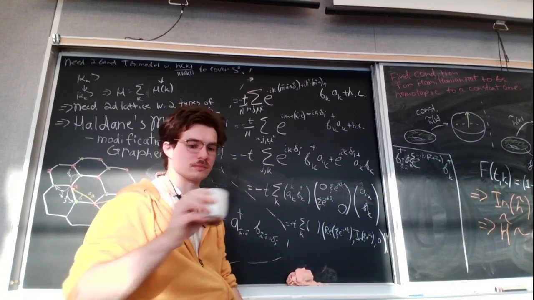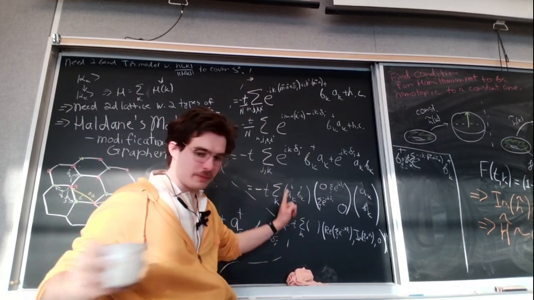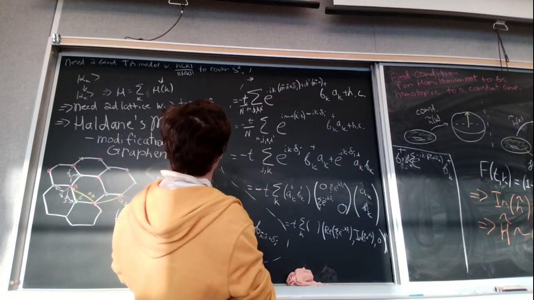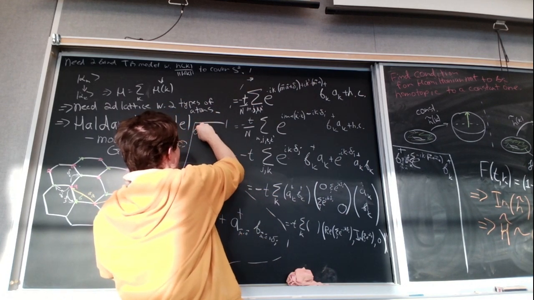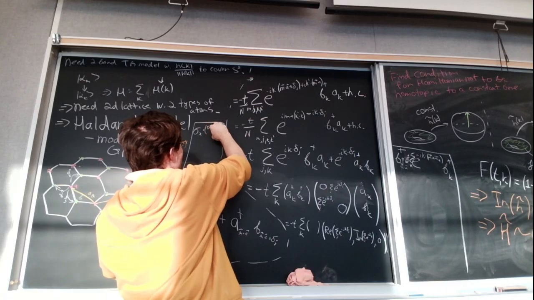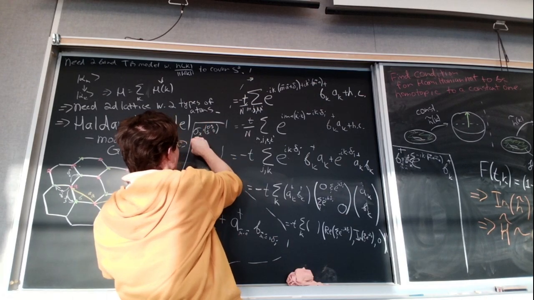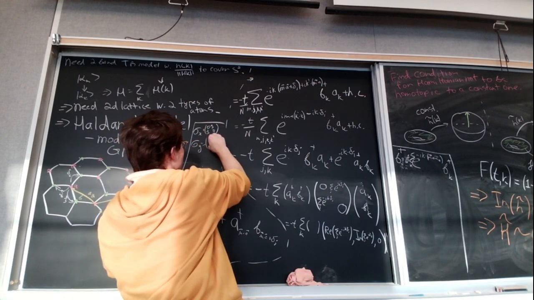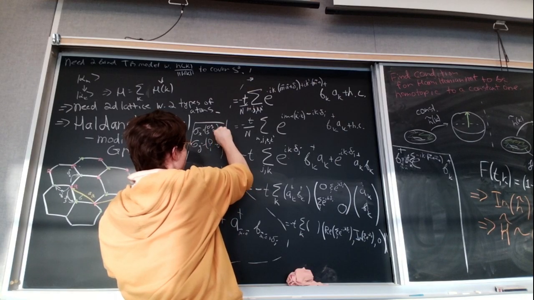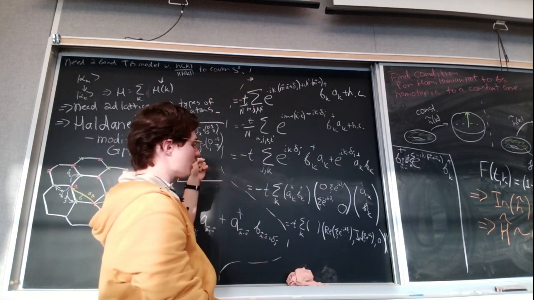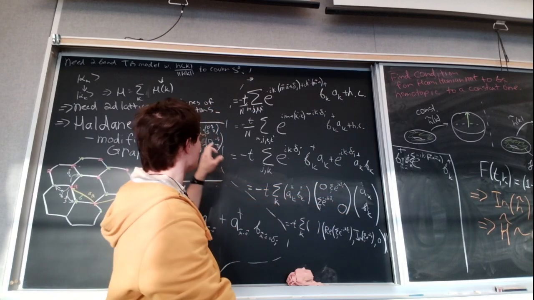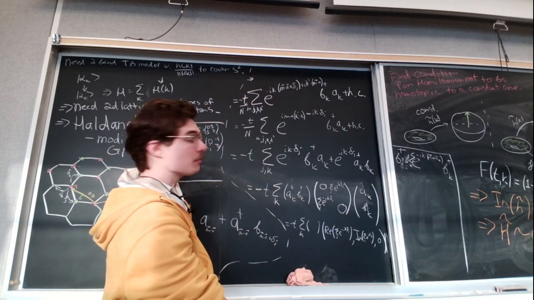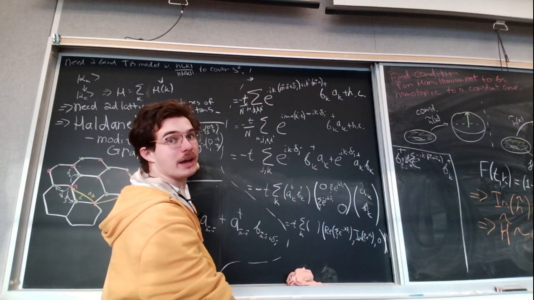Why is the real part the sigma x coefficient and the imaginary part the sigma y one? Good question. Remember, sigma x was 0, 1, 1, 0. Sigma y was 0, minus i, i, 0. Do you agree? So I want to write this matrix down as a real number times sigma x plus a real number times sigma y.